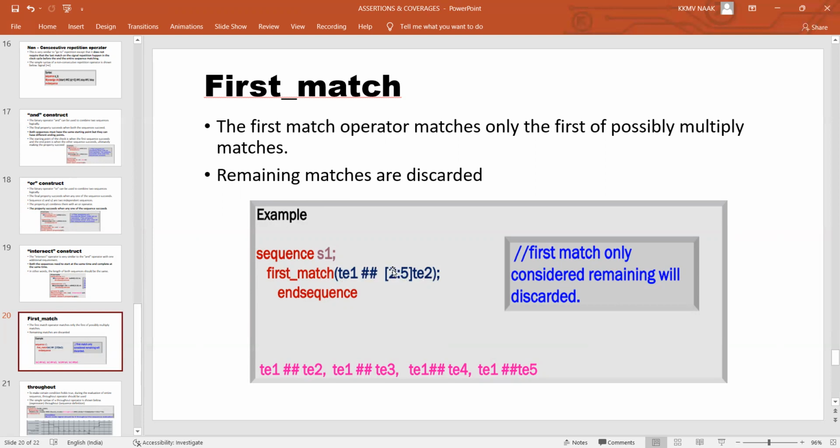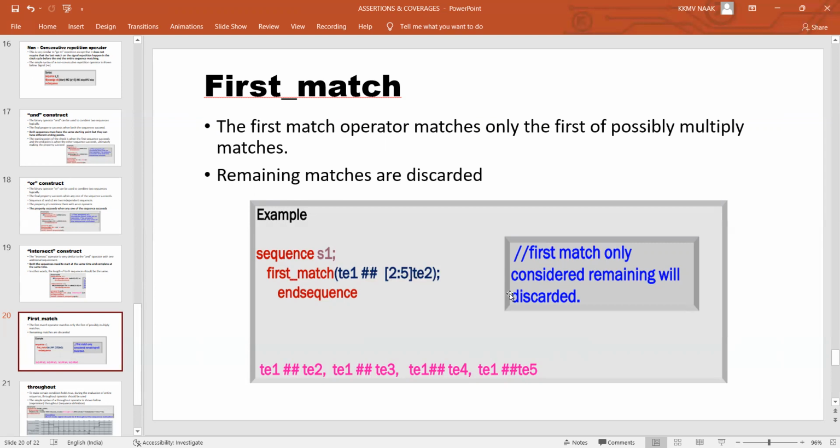It means a minimum of 2 clock cycles. Only if TE2 is high at the second clock cycle will this first match occur. After completing the 2 clock cycles, the first match will consider only that one, and all the remaining matches will be discarded.